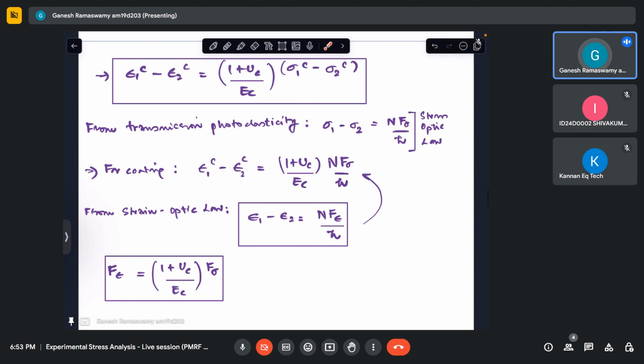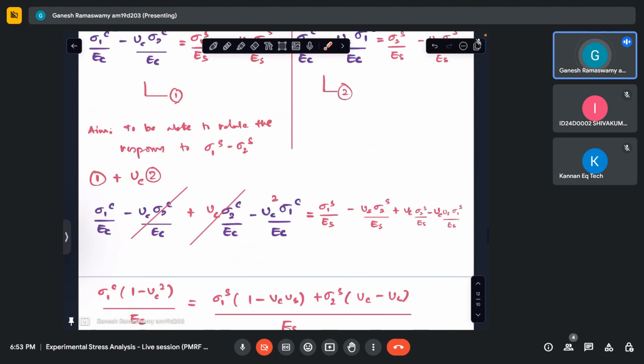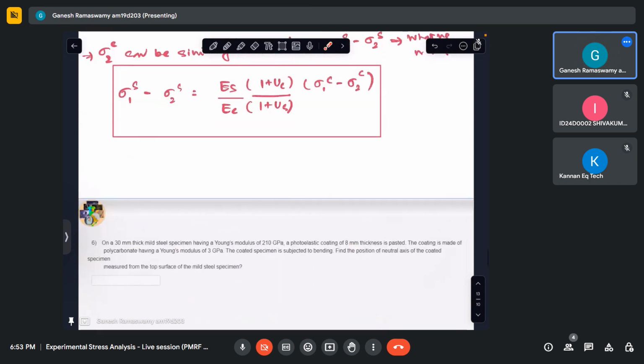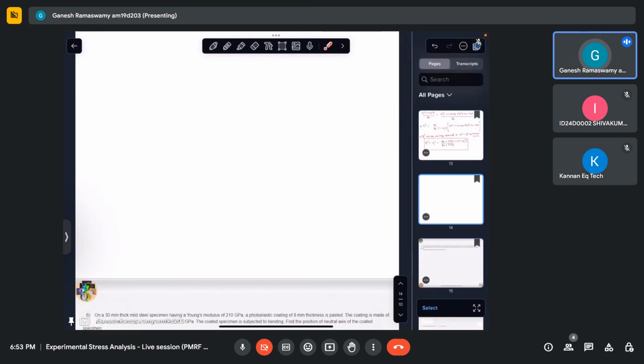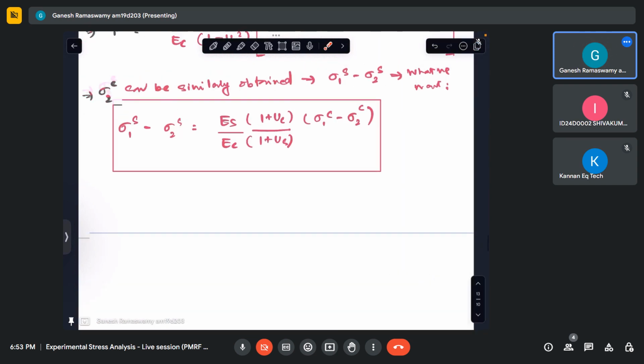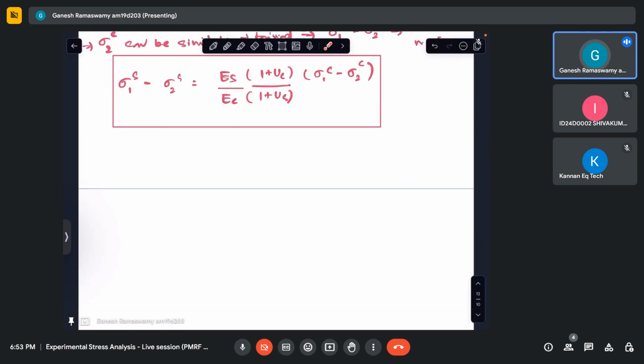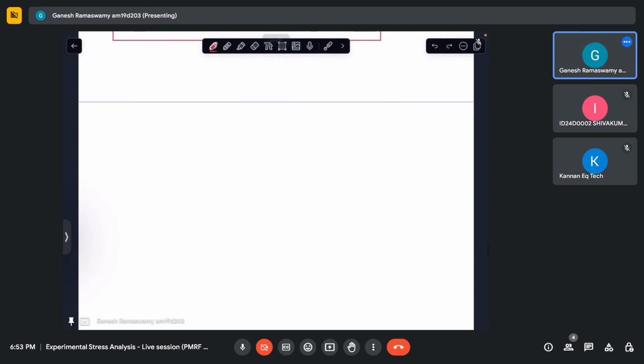Now, for the coating, I know that sigma 1c minus sigma 2c is nothing but n f sigma by t, and f epsilon is (1 plus mu c) by Ec into f sigma. So let me substitute for this.